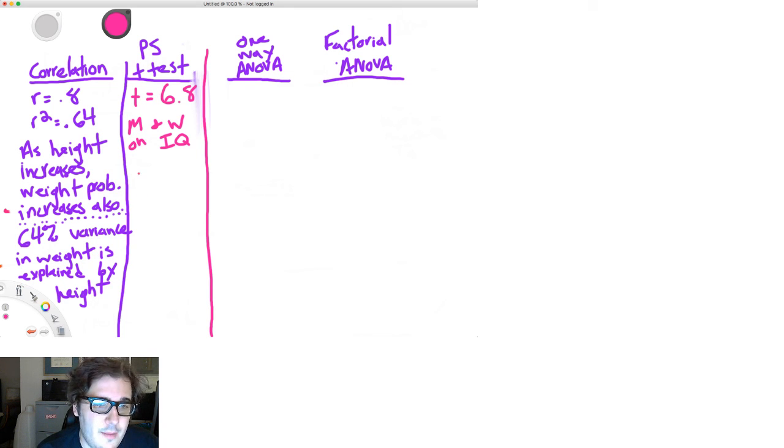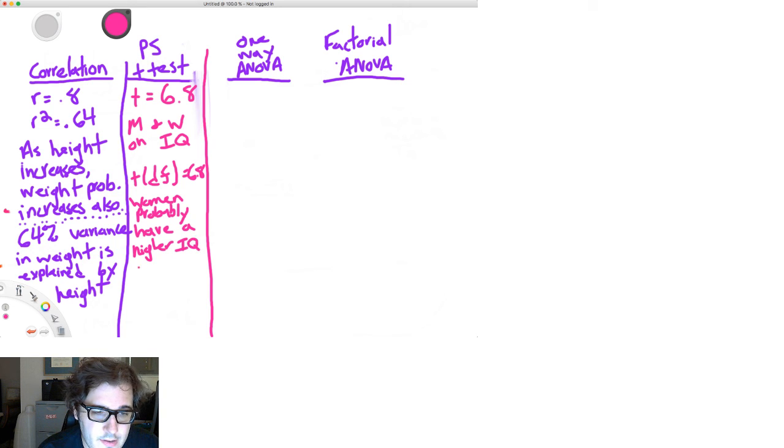You would say, t at degrees of freedom of whatever you have equals 6.8, women probably have a higher IQ than men. So that's how you would write that. You were measuring IQ. Women's mean was like 120. Men's mean was like 110. You compared those means in a t-test. The t-test was significant, and you write it out like this.